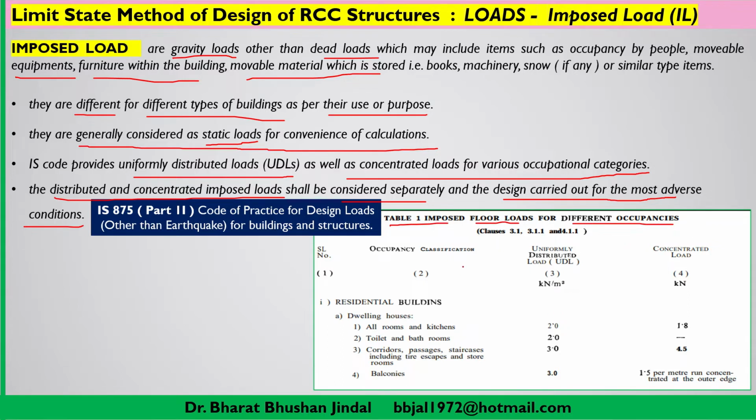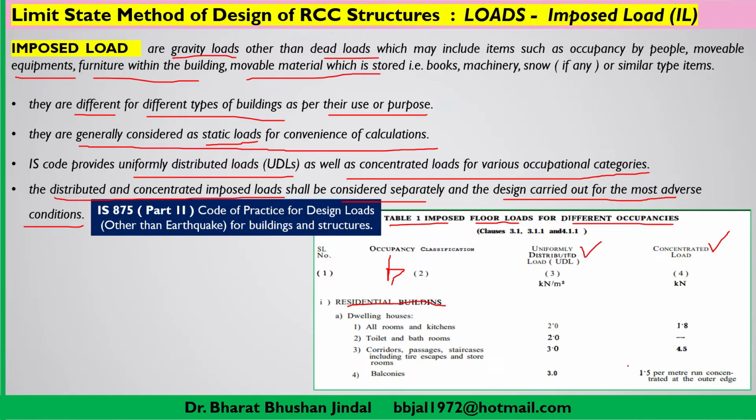Now see here, they have listed the occupancy types. If there is a residential type of building, or a commercial type of building, accordingly you can take the UDL as well as concentrated load value for your design calculation, as they have mentioned.